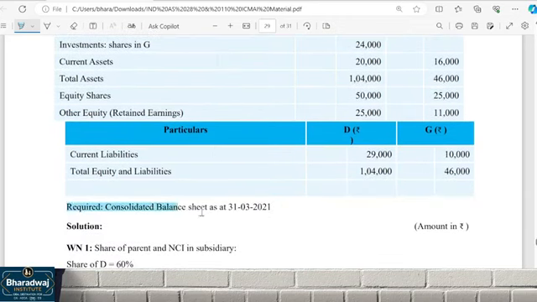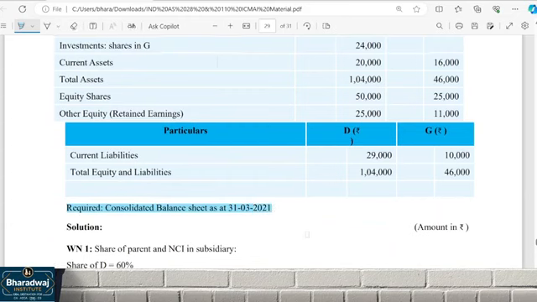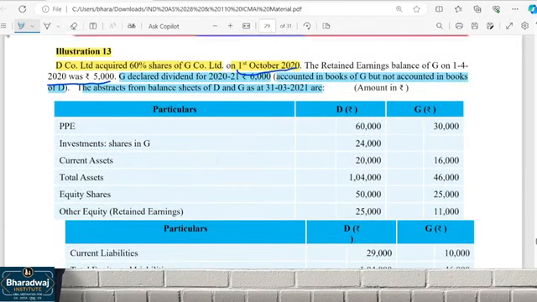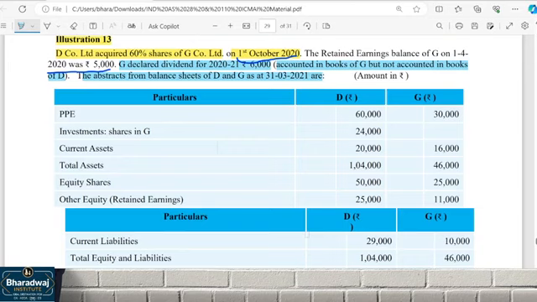They ask you to prepare the consolidated balance sheet at the end of the year. Wait.